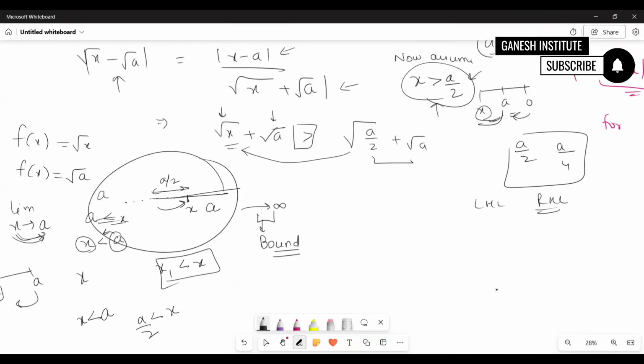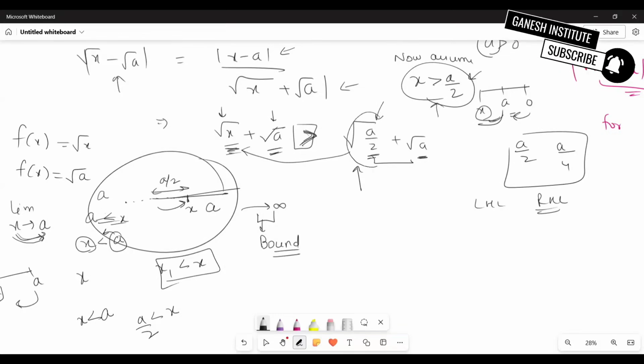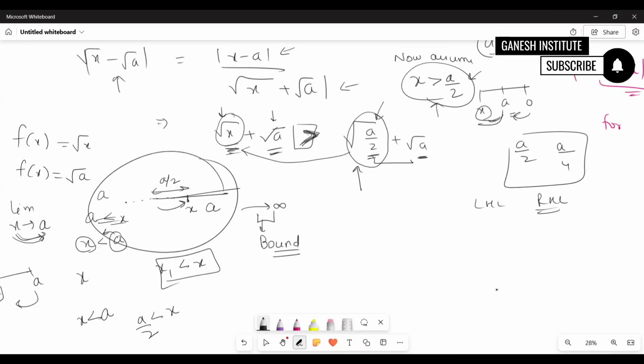Okay. So now, if you have assumed that x is greater than a by 2, you can simply substitute the value here. In place of root x, you have root a by 2 because you are using this sign. You have kept everything the same. Only if you substitute the lesser value in place of x, then you are getting the greater than inequality, right?